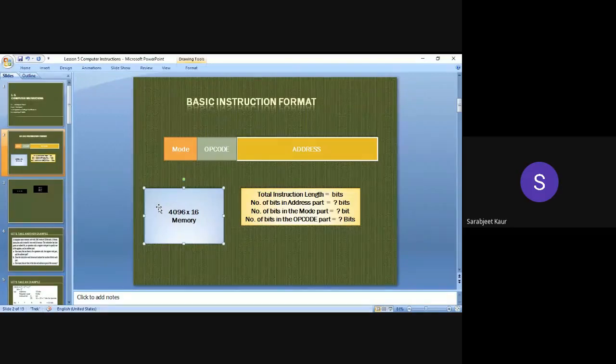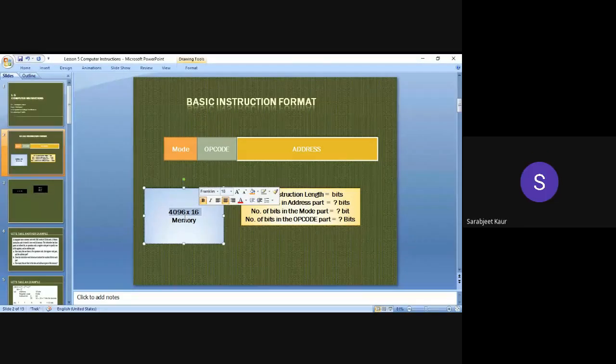This is because this configuration of main memory means that there are how many locations in this memory? 4096. And each location is capable of storing how many bits? 16 bits.